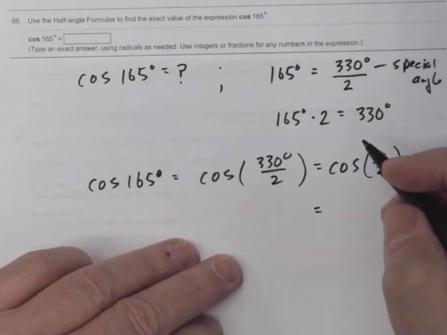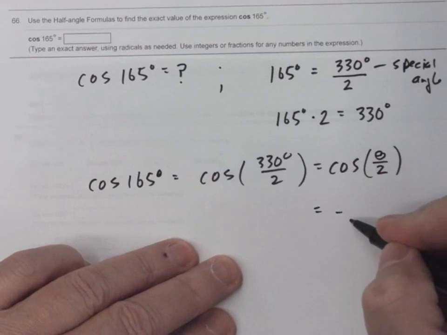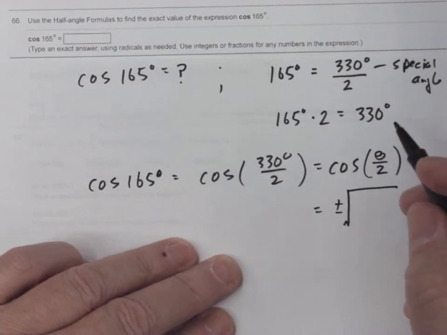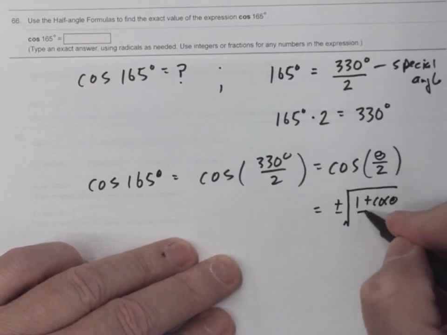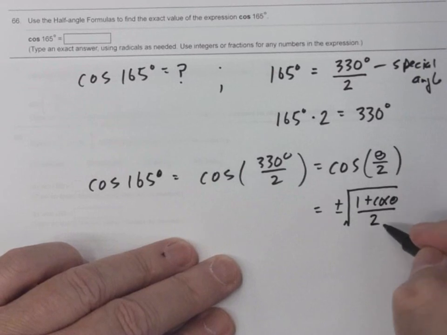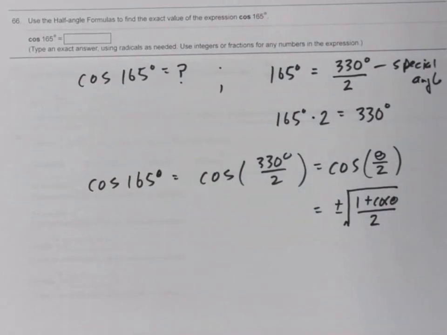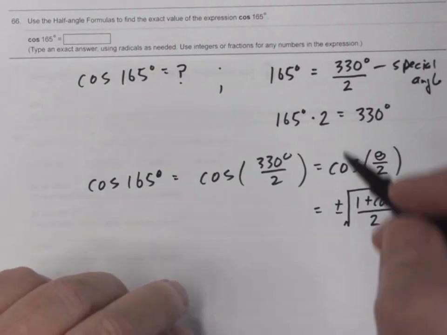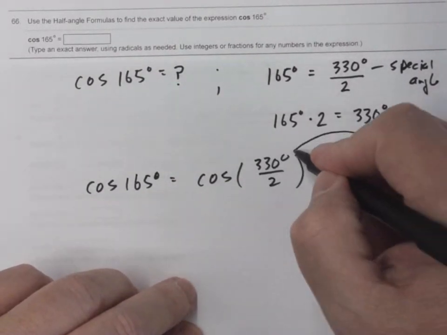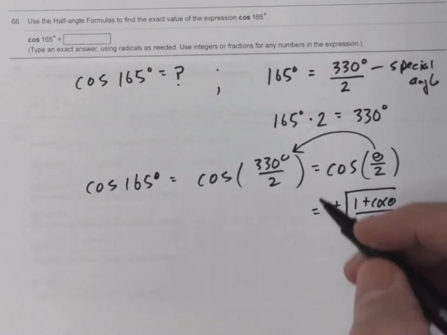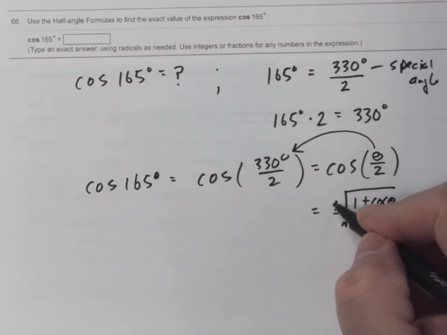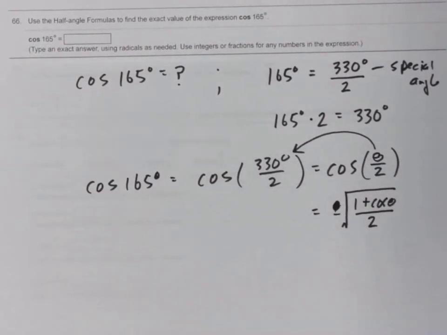The formula says this equals a negative, well, let me put plus or minus the square root of 1 plus the cosine of theta over 2. Hopefully you can see I'm going to replace theta with 330 degrees, and I know the answer has to be negative.